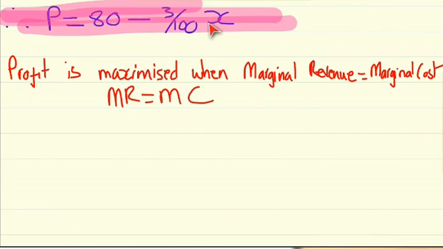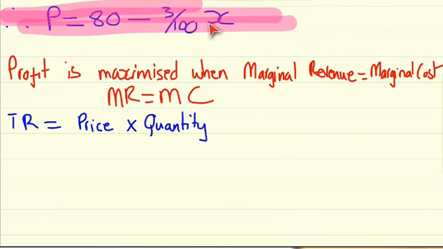So to get MR, I'm going to get my total revenue. Total revenue, TR, is equal to my price, and total revenue is always price multiplied by quantity.